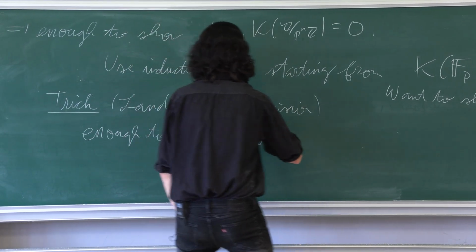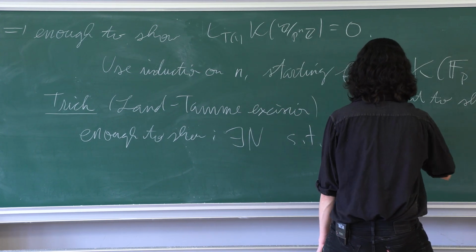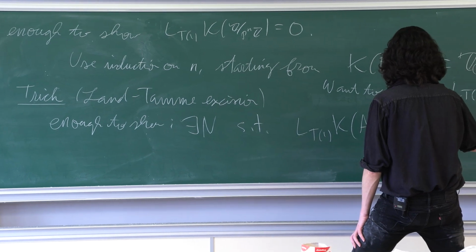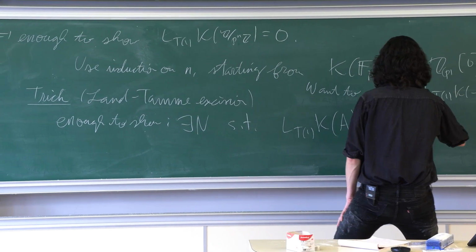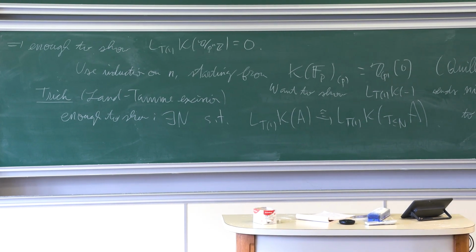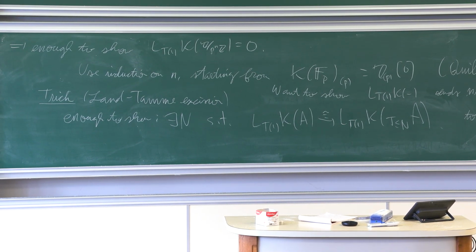By the trick coming from Land-Tamme excision, it's enough to show there exists some capital N such that LT1 K-theory of A is always the same as LT1 K-theory of tau less than or equal to N of A. This is a little bit strange when you first see it.